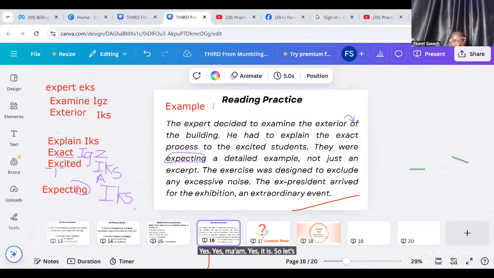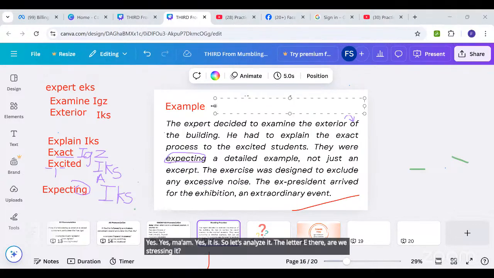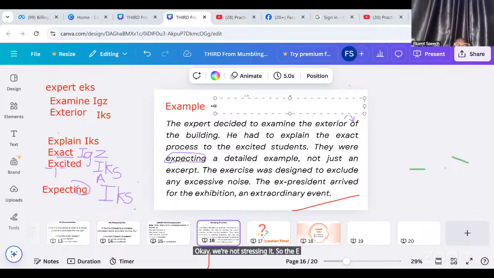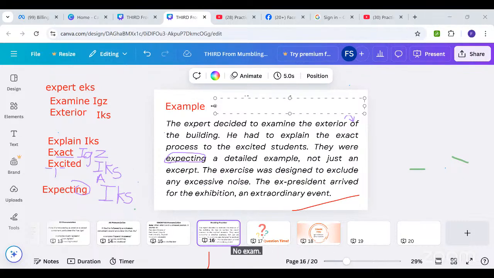Is there an E, are we stressing it? No, we're not stressing it.